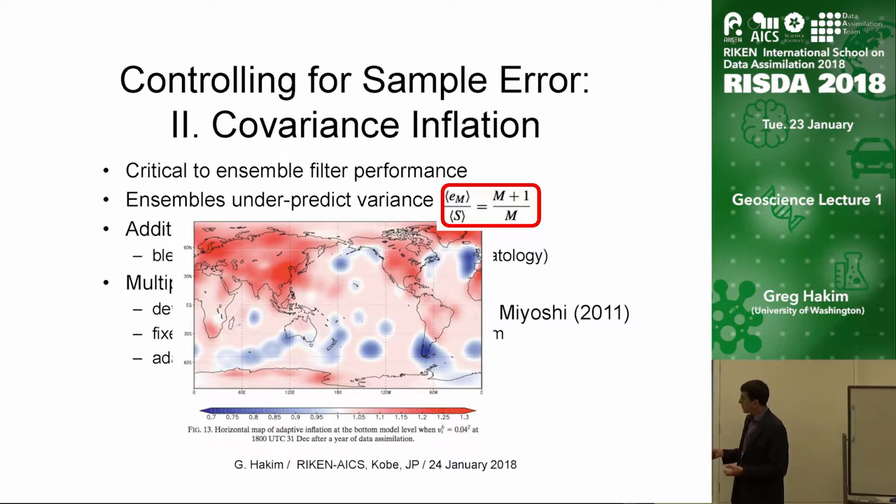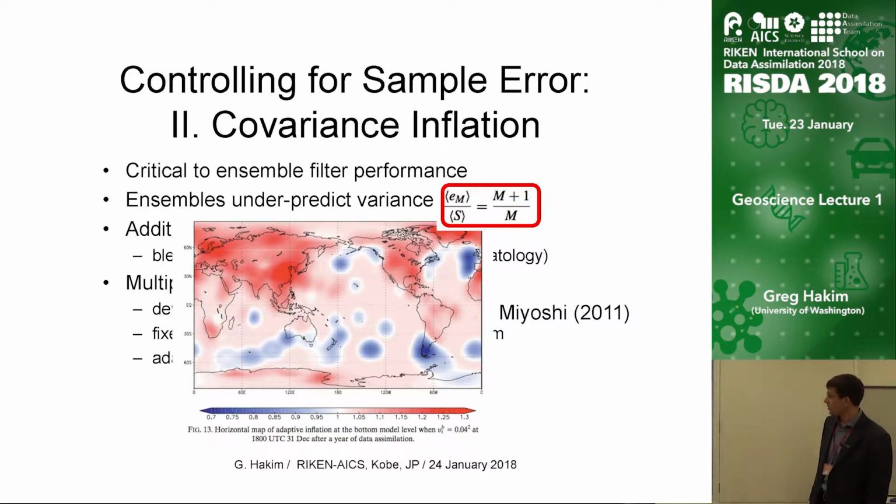If we use a fixed scalar, that's okay if, in some sense, the observations and the dynamics are uniform. We get into trouble if we have places that are not well observed because we can overinflate the variance, and it can run away if we don't have a way to constrain that.